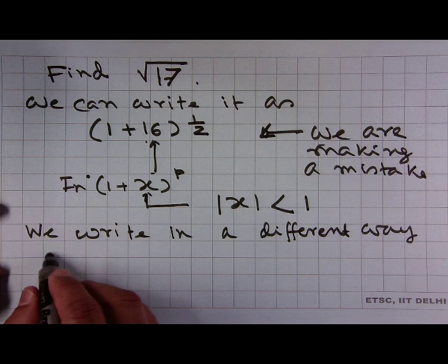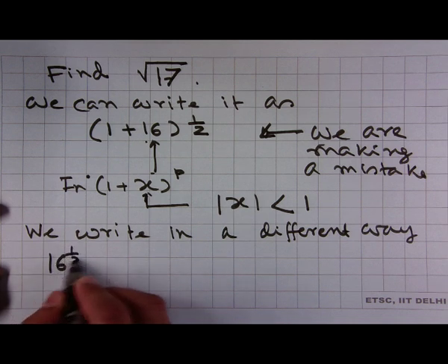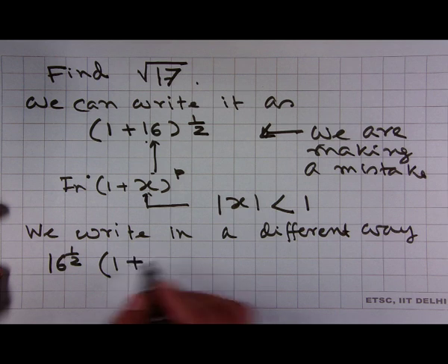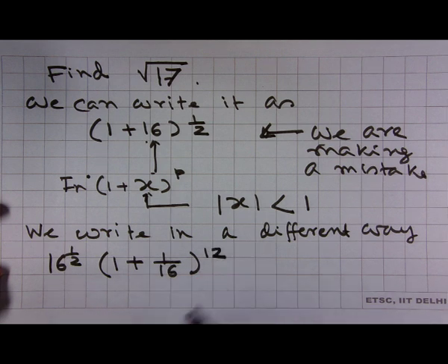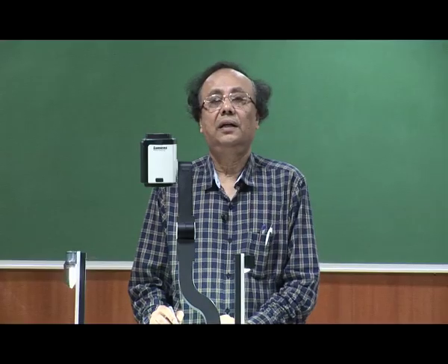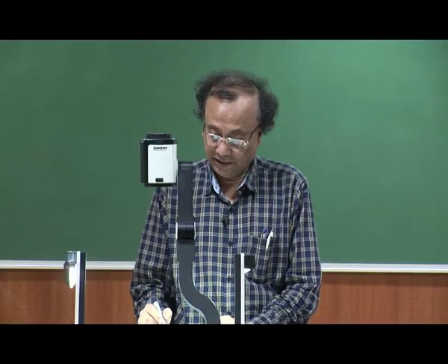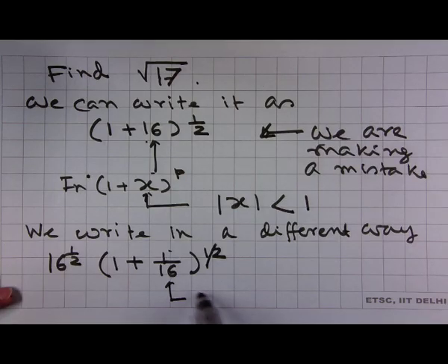We write it as 16 to the power half into 1 plus 1 by 16 whole to the power half, right. So, that gives us a term 1 by 16 whose mod value is less than 1.